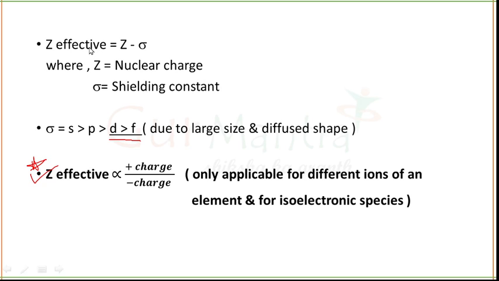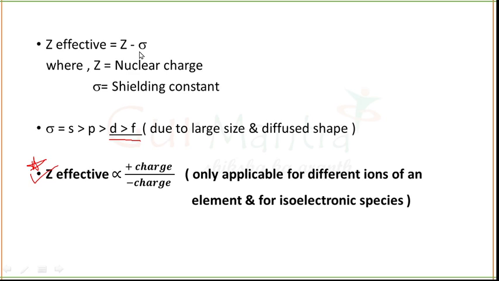If we want to calculate the value of Z effective, then the formula is Z minus sigma, where Z is the nuclear charge and sigma is the shielding constant, the screening effect constant.